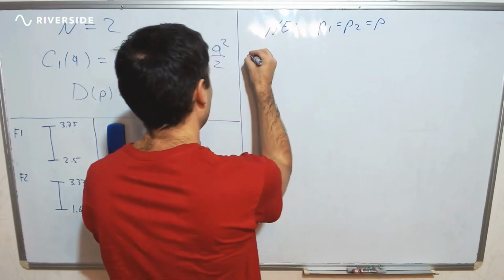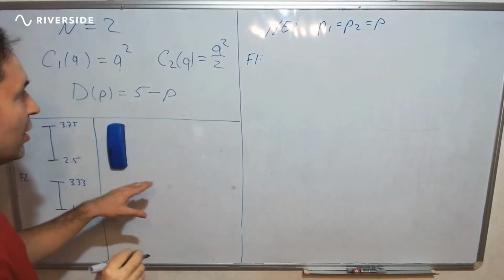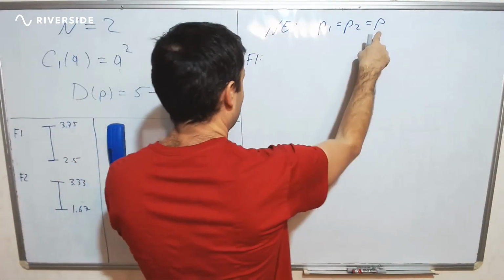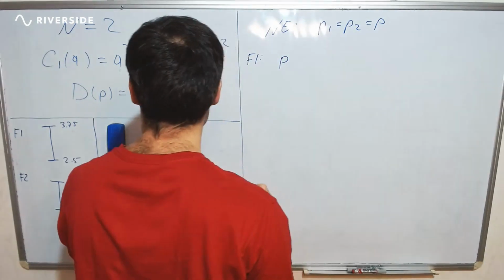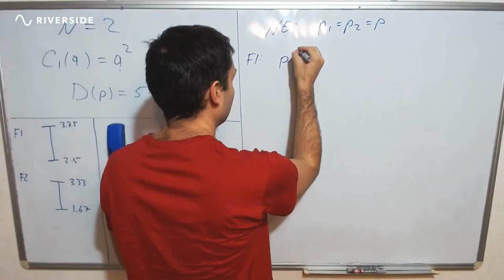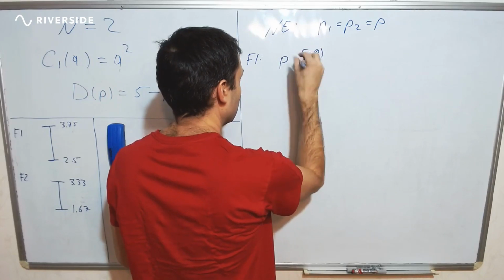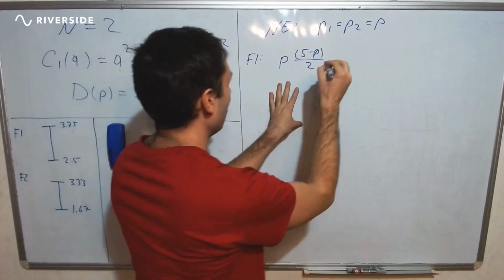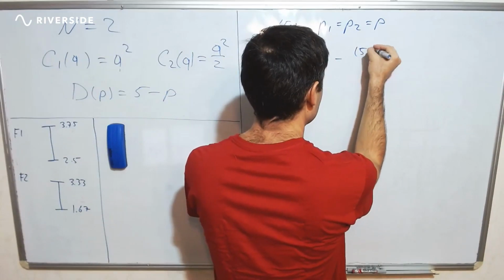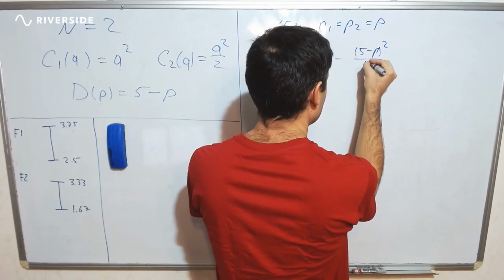So let's check for firm 1 what kind of constraint it will generate for us. Firm 1 charging price P will get the price P. It will get half of the demand at that price. And its cost will be coming from servicing half of the demand.